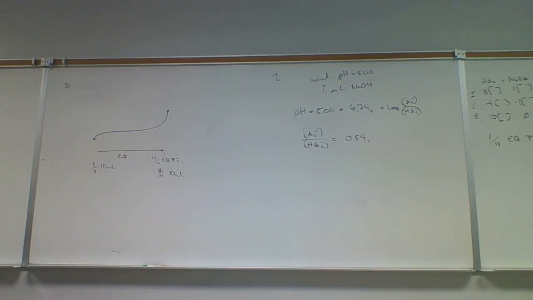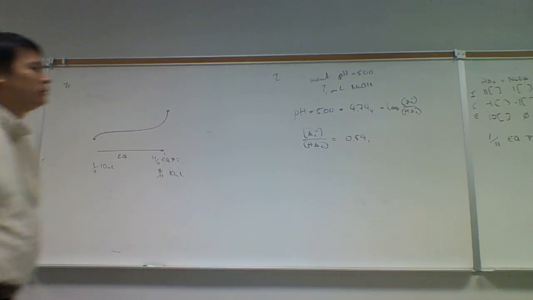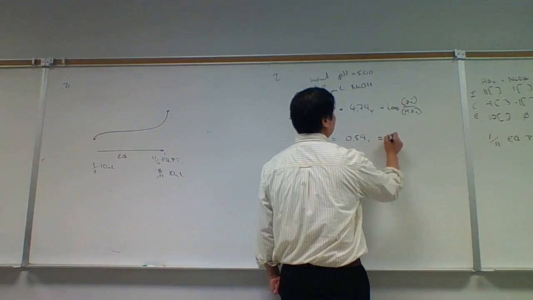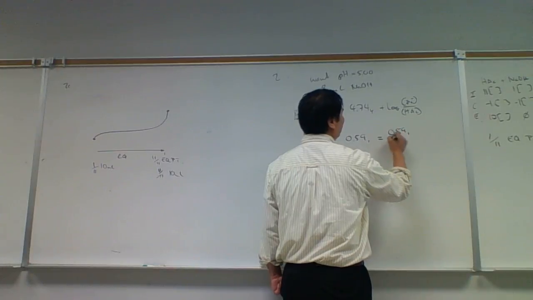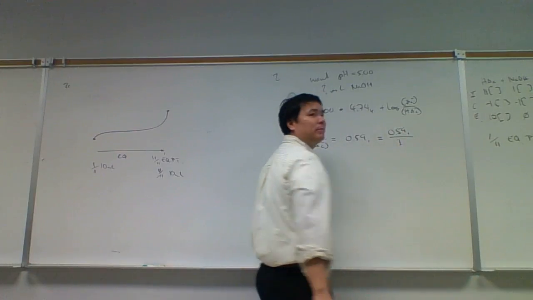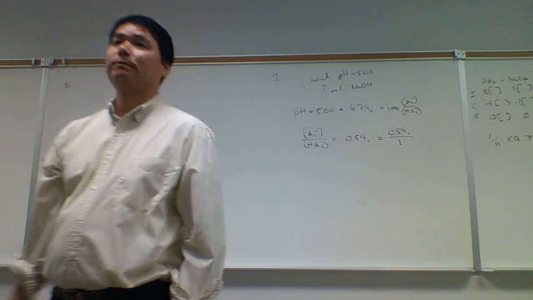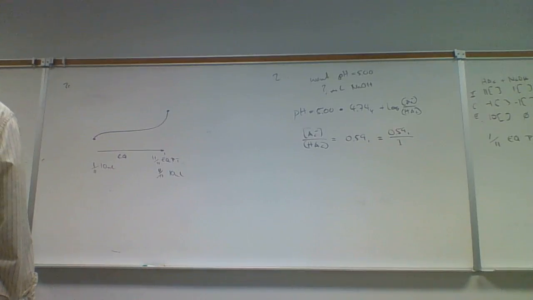I think that's right. Is that right? Yeah. Okay. So I have a ratio. Well, 0.591. This is 0.591 over 1. So how many milliliters do I need to get here? 0.59 milliliters? How many milliliters?